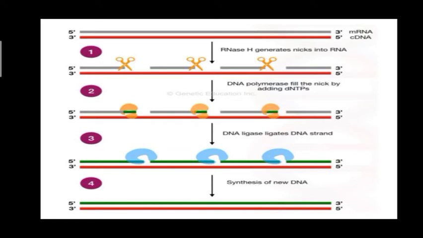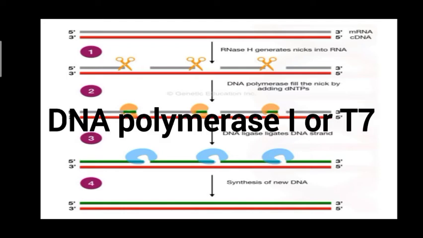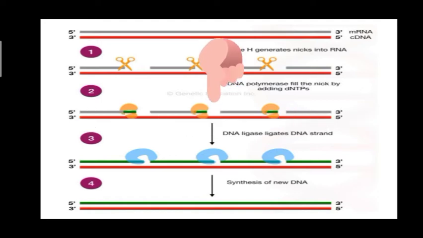Now, the nicks generated by RNase H activity are filled by the DNA polymerase. A special type of DNA polymerase such as DNA polymerase 1, or DNA polymerase 1 and T7 DNA polymerase, are used to fill the nick. The same DNA polymerase synthesizes DNA in the 5' to 3' direction by removing the RNA fragments with 5' to 3' exonuclease activity.